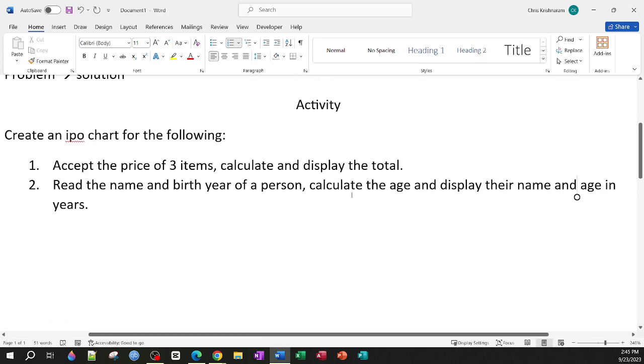Read the name and birth year of a person, calculate the age, and display their name and age in years. We don't want to know the exact age. You just want to know the age in years. So we can input any name, right? Yeah, any name.